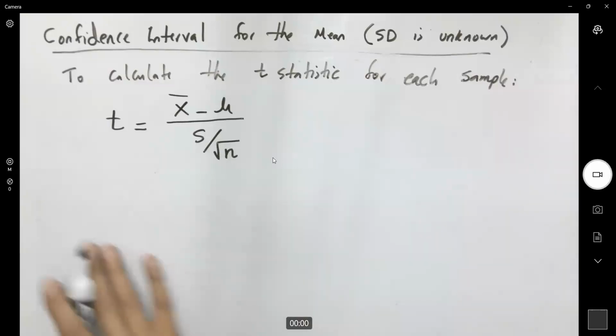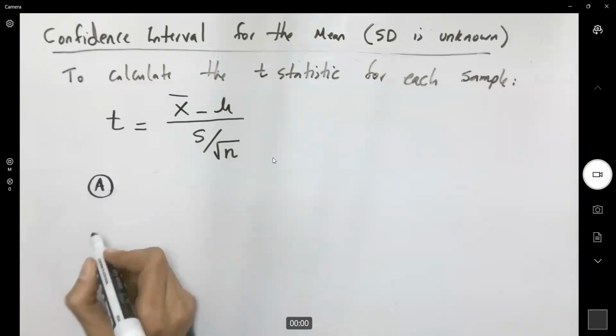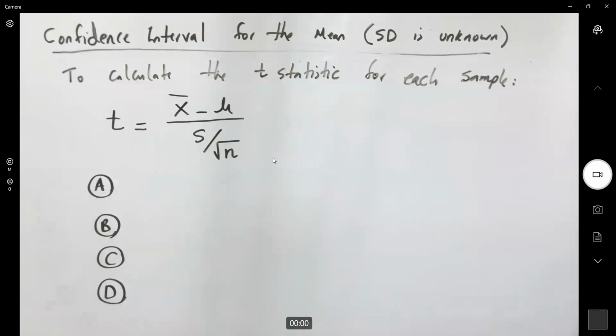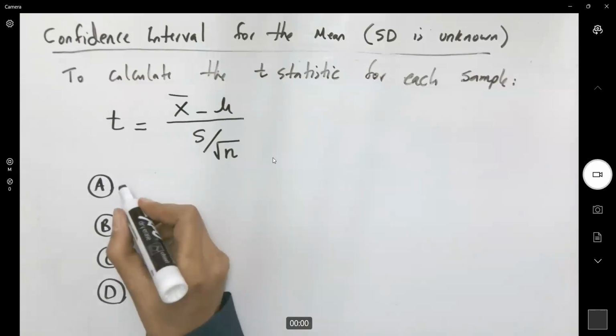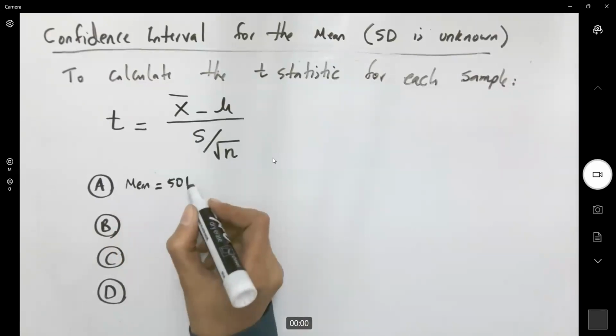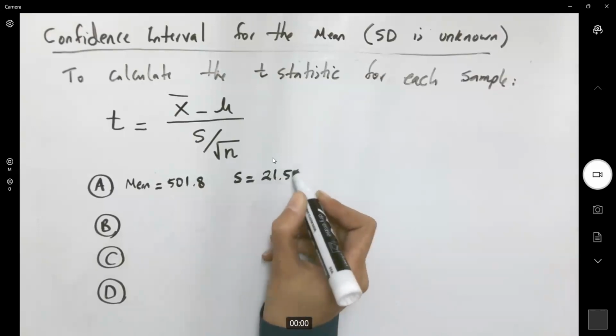Okay. So what is T for sample A? What is T for sample B? What is T for sample C? And what is T for sample D? Remember that for each of these samples, we have all the information that we need. For sample A, the mean is 501.8 and the standard deviation is 21.55.